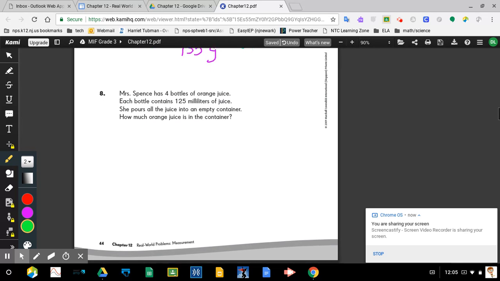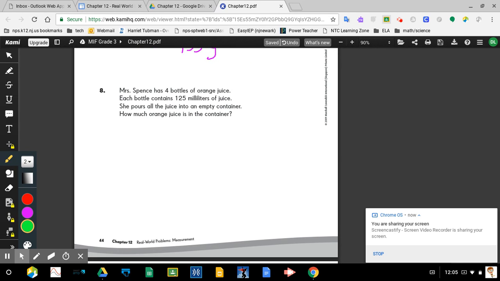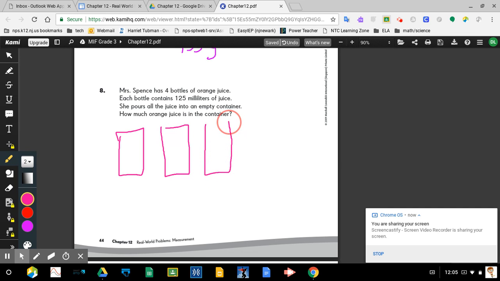Number 8. Mrs. Spence has 4 bottles of orange juice. So I'm going to draw my 4 bottles of orange juice. Here's 1 bottle, 2 bottles, 3 bottles, and 4 bottles. Each bottle contains 125 milliliters of juice.